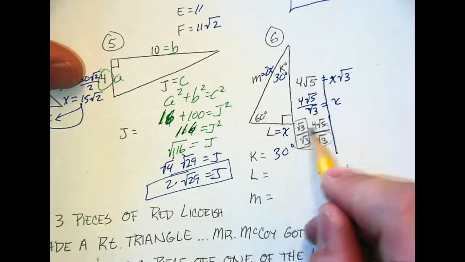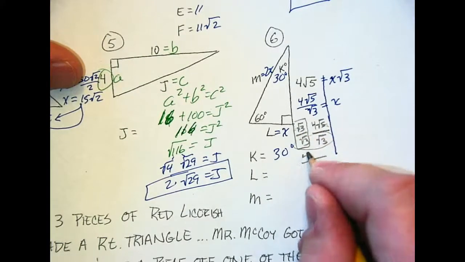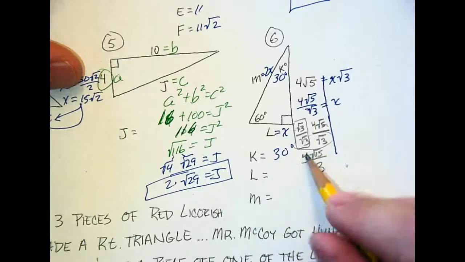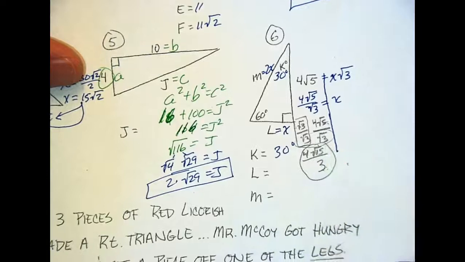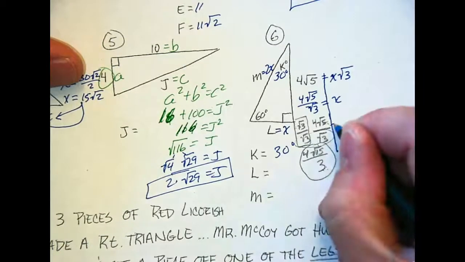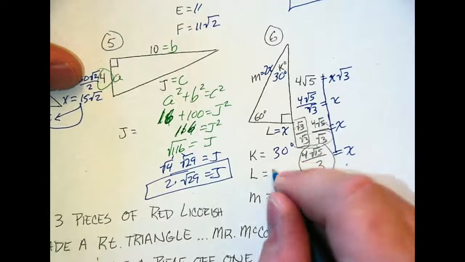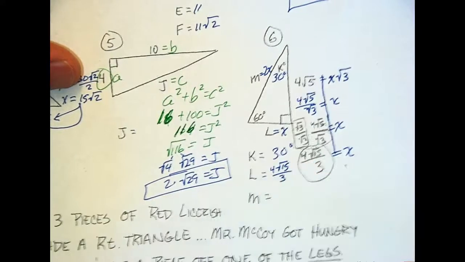You multiply the common parts, the roots. Can we simplify 4 and 3? No. That's what x equals. And we know x equals L. Therefore L is 4 root 15 over 3.